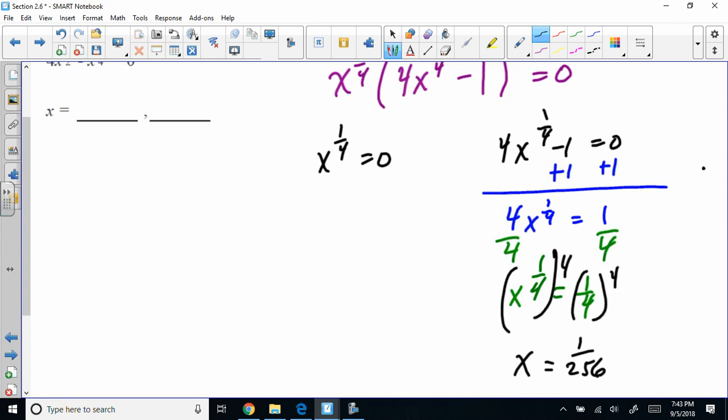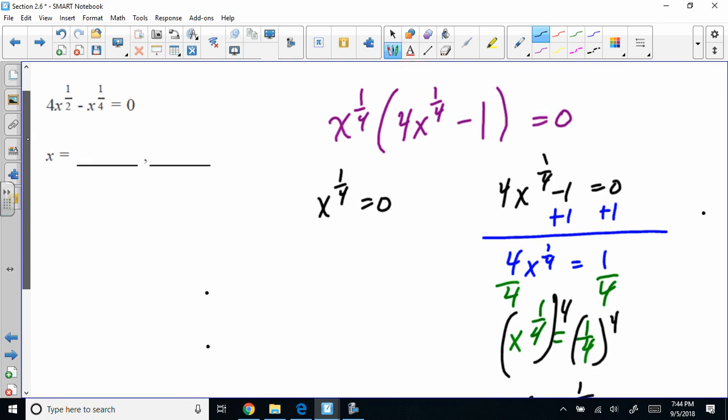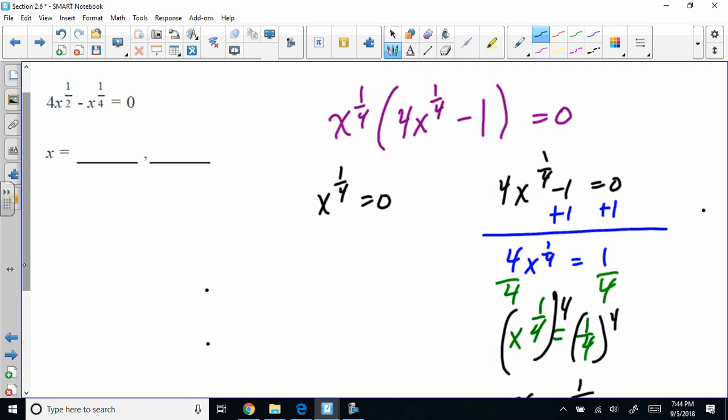Y'all agree with that? Yeah. I just set both of them equal to each other and then raise them both to the power. And I got 256x. That'd work too, because what you do to one side, you're doing to the other as well.